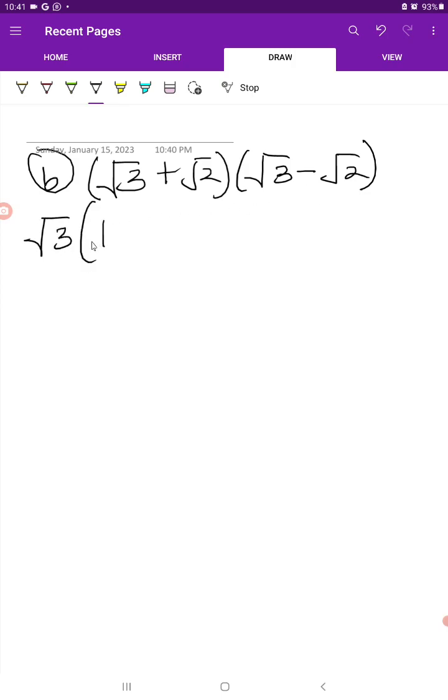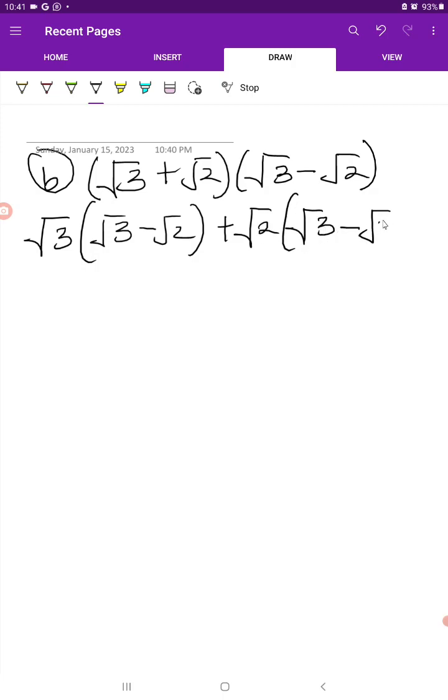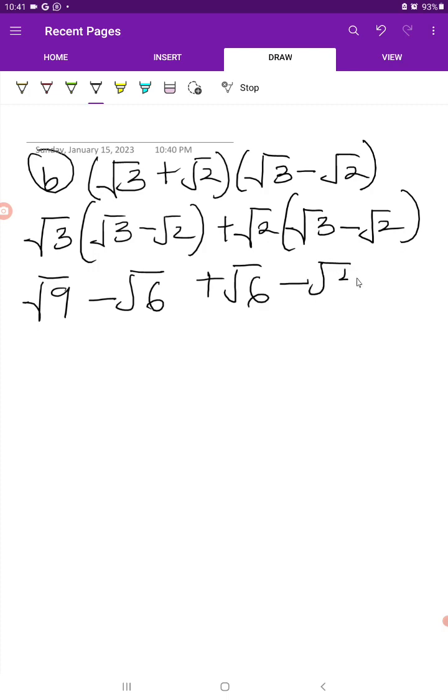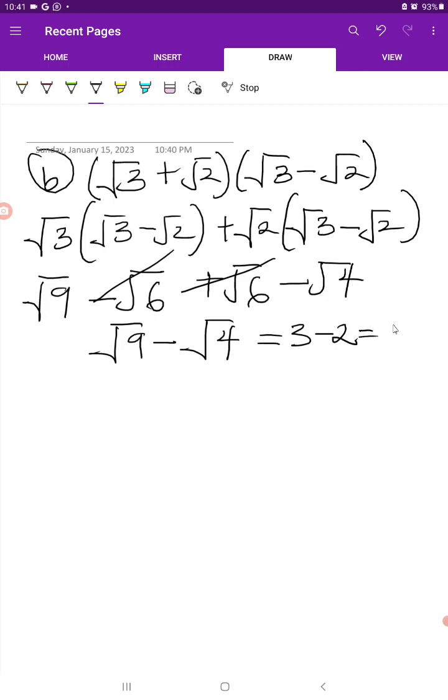Root 3 will expand root 3 minus root 2, plus root 2 onto root 3 minus root 2. So root 3 times root 3 will give you root 9, minus root 6, plus root 6, minus root 4. As earlier, this will cancel this, making root 9 minus root 4, which is 3 minus 2, which is 1.